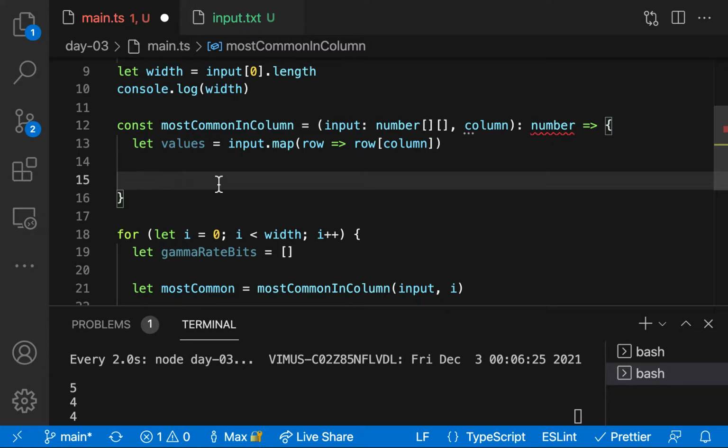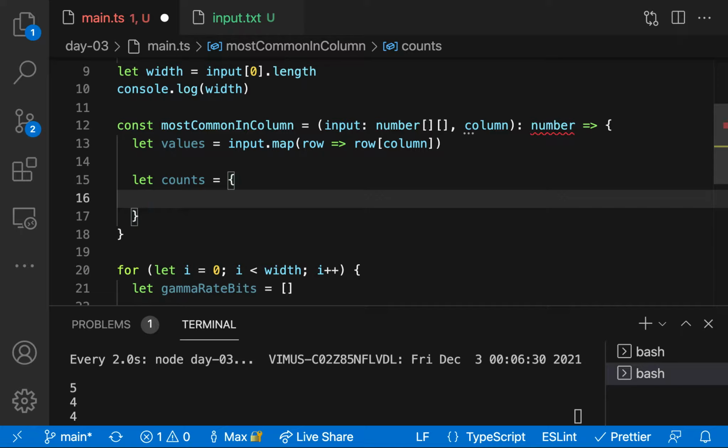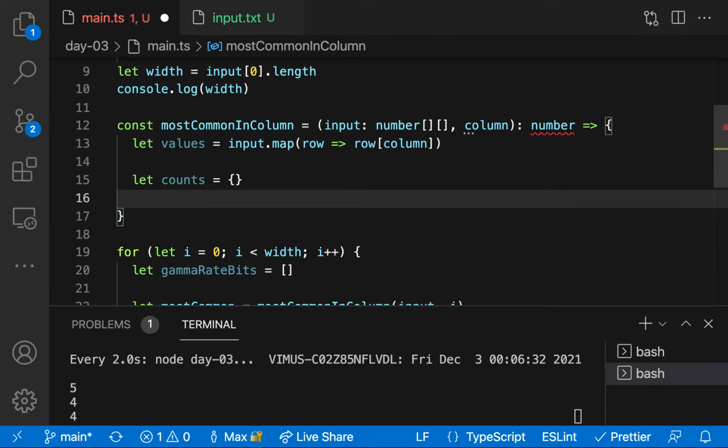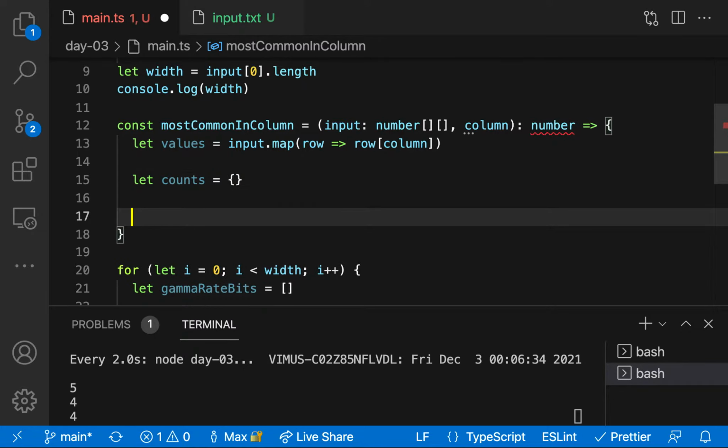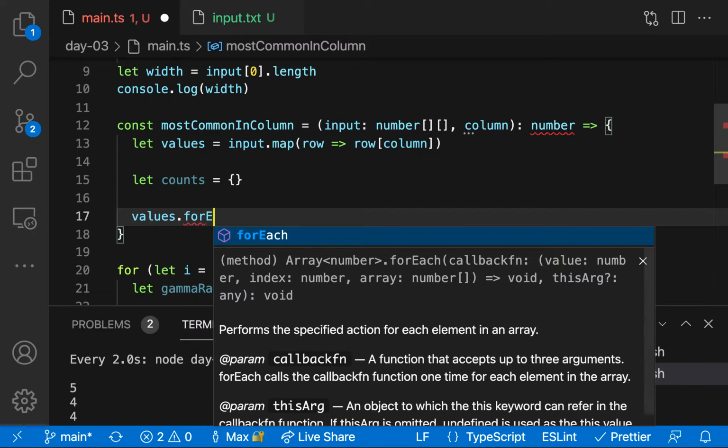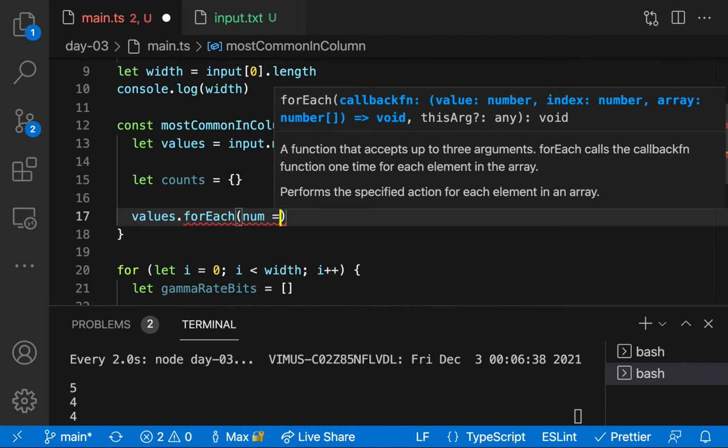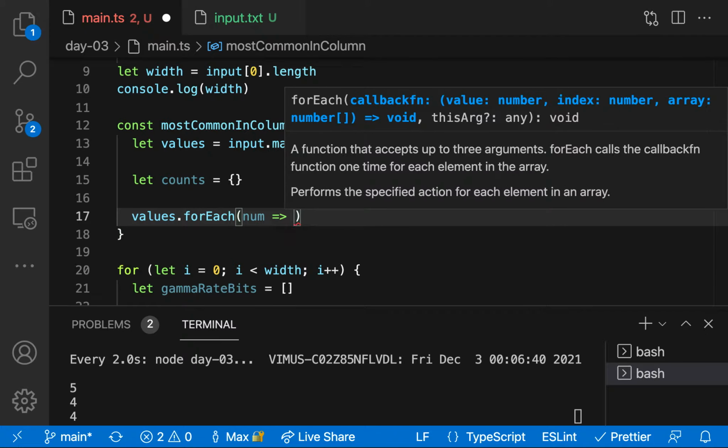find the most common. So we'll do counts, and then we'll do counts.